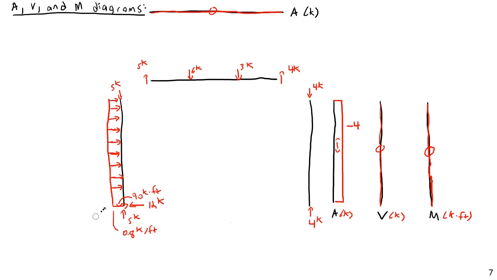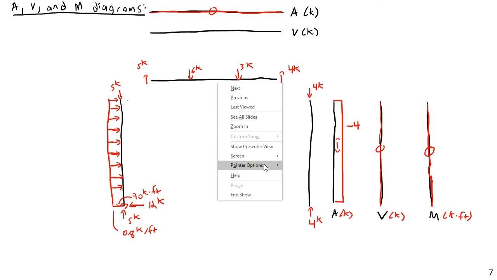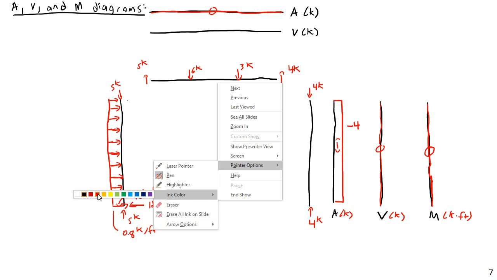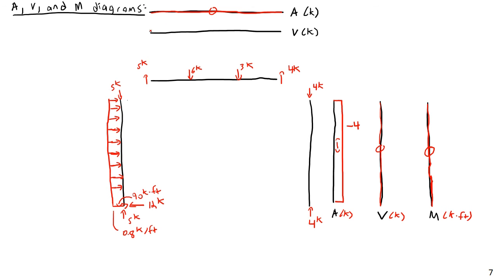Then I'm going to have my shear diagram, and I'm going to try to squeeze in the moment diagram, but if not, I can write it over here. Then the V, the shear diagram. Let's consider this. The first thing that's going to happen is we're going to pop up to 5 kips. Then we're going to remain constant until the 6 kip force, at which point we're going to drop down to -1 kip.